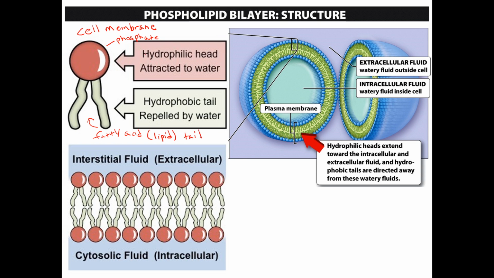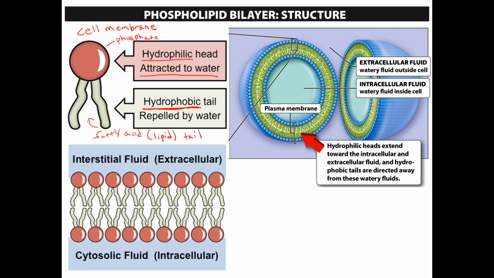The phosphate head is hydrophilic. What do you think that means? Well, it says right here. Attracted to water. Philic or phile means lover of. Hydrophilic, lover of water. Hydrophobic, these are the tails, they don't like water. They have a fear of water. They're repelled by water. So what happens is if you put these phospholipids into water, they're going to orient themselves.